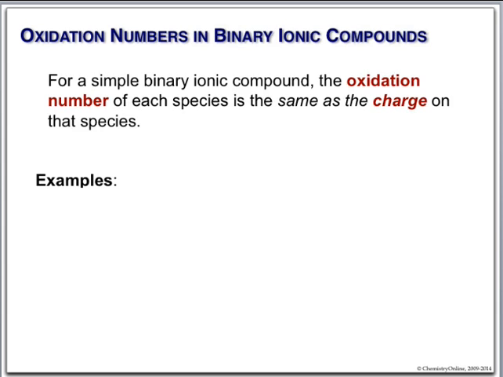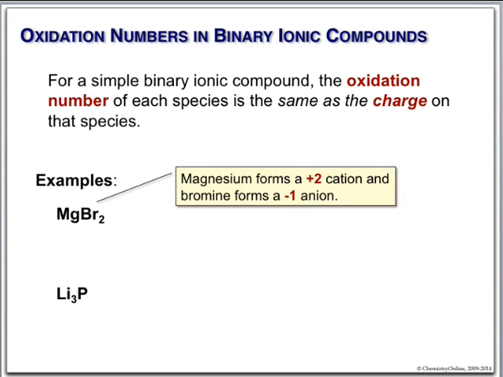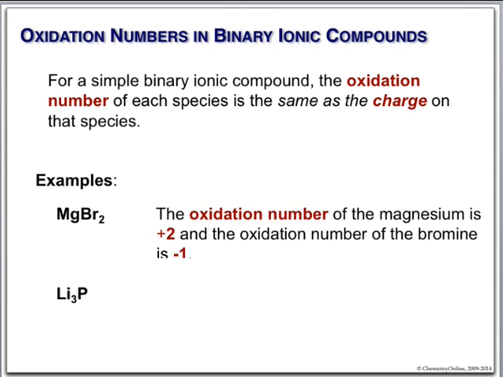If we had magnesium bromide, magnesium we know is in group 2, so its charge is +2. We could say the oxidation number of magnesium is going to be +2, and the oxidation number of bromine is going to be -1. For lithium phosphide, lithium is +1.